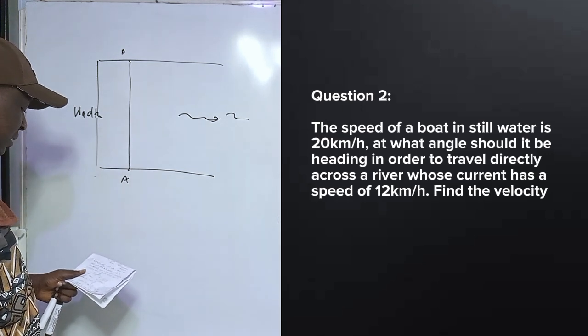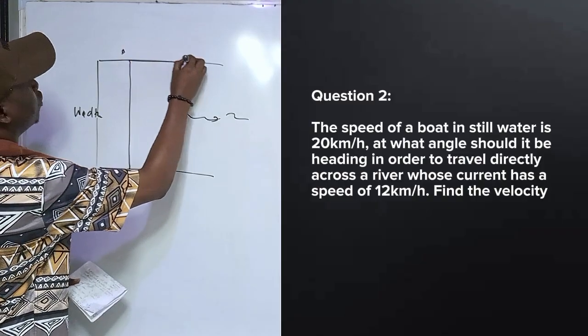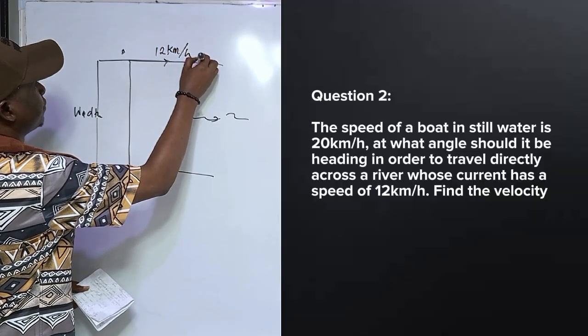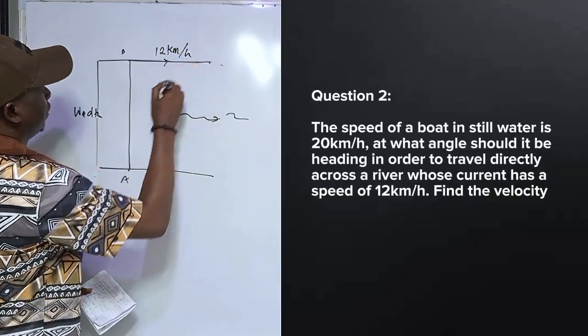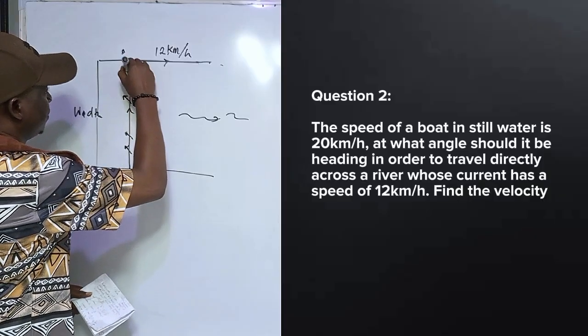The current has a speed of 12 kilometers per hour. The current direction of the river is 12 kilometers per hour, so to cross the river directly, you pass through this direction.